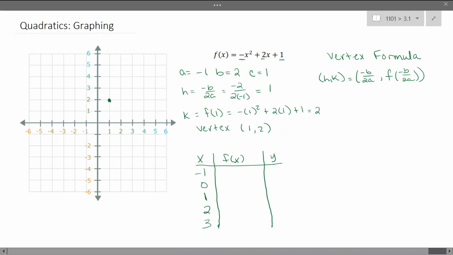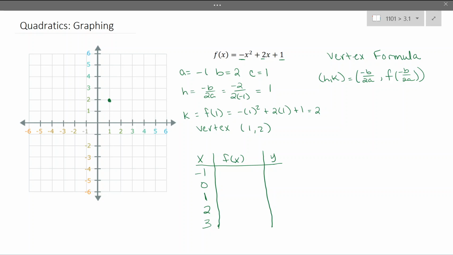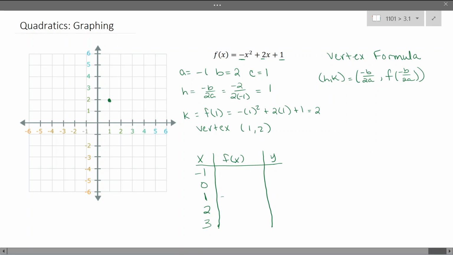So when I plug in 0 and 2, I should get the same y value. And when I plug in negative 1 and 3, I should get the same y value. So first, we know that our vertex y coordinate is 2. So let's start plugging things in and seeing what we get.